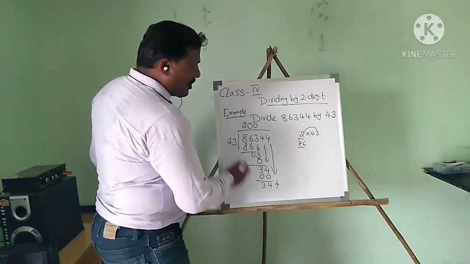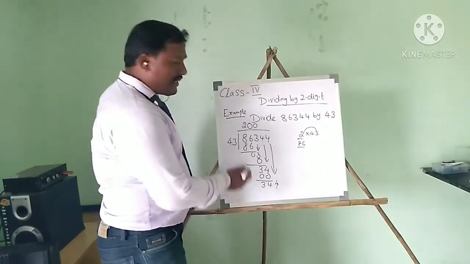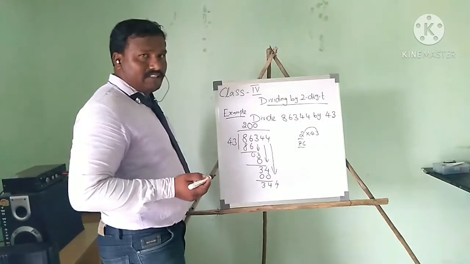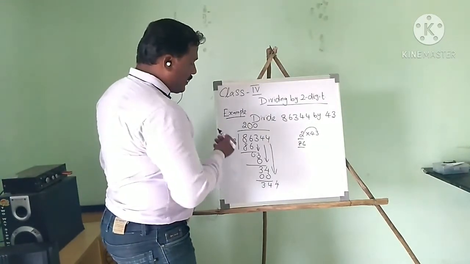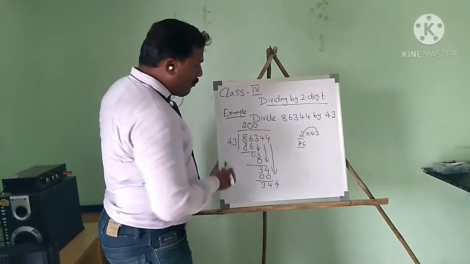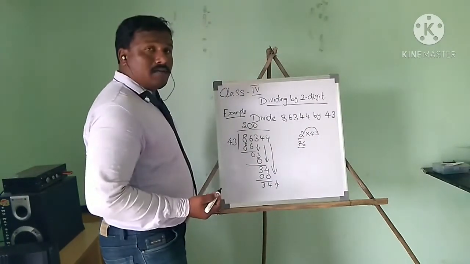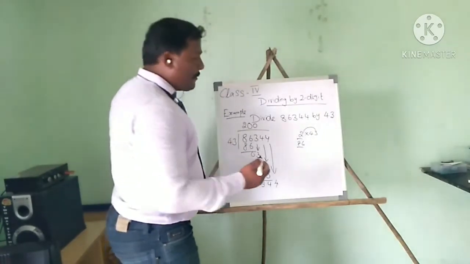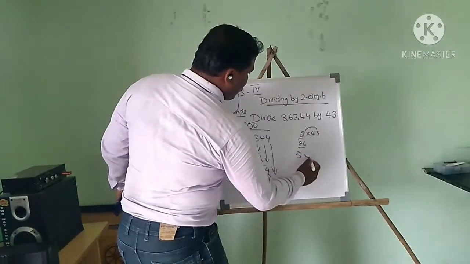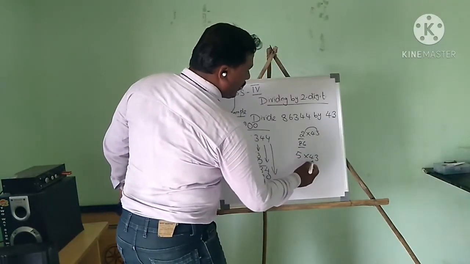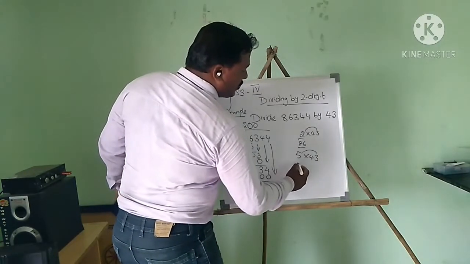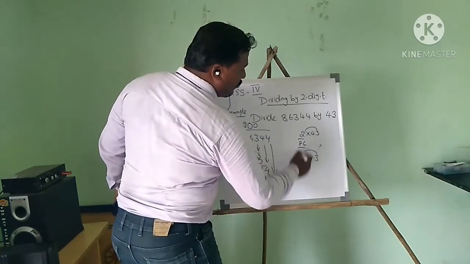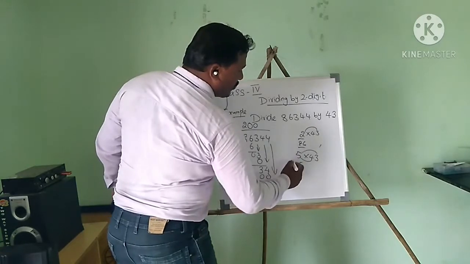Now see, 344 compared with 43, this is a big number. Now we can divide. So now you have to tell the table of 43. How many 43s are there in 344? I will take simply 5 times. 5 into 43. 5 3s are 15, remainder 1. 5 4s are 20 plus 1, 21.